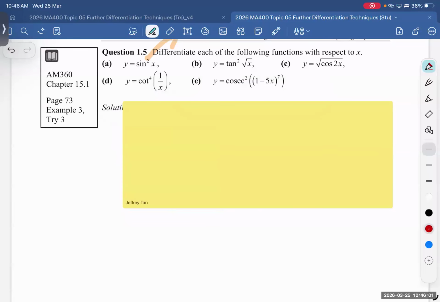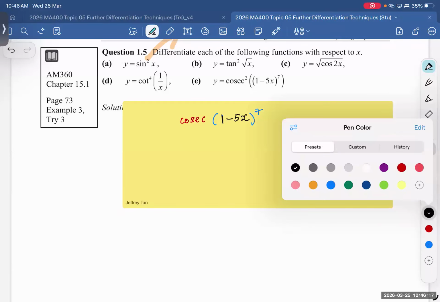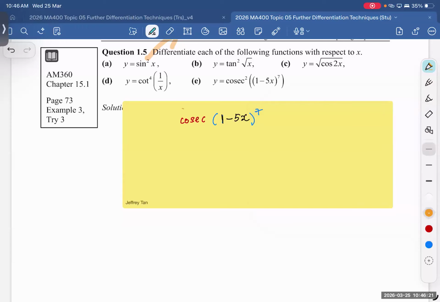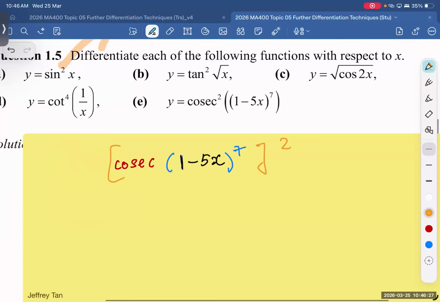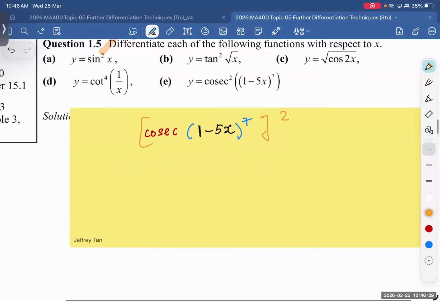So here I write it this way. Red color, cosecant, 1 minus 5x, blue color power 7. This is what it looks like, and the different layers are different colors. Can you see?